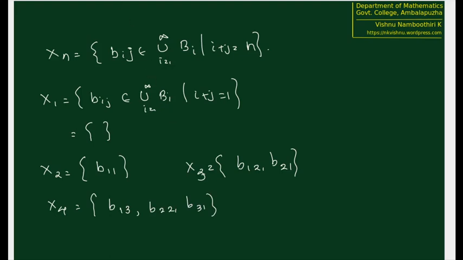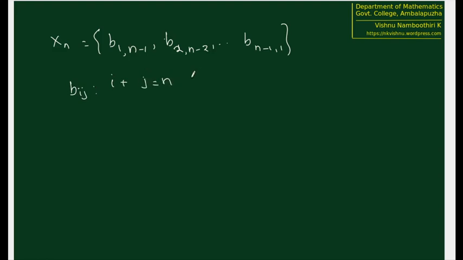So in general, how many elements exist in x_n? x_n equal to b_1(n-1), b_2(n-2), etc., up to b_(n-1)1. So x_n consists of b_ij with the property that i plus j is equal to n, and in how many possible ways can i plus j equal n, where i and j are natural numbers?